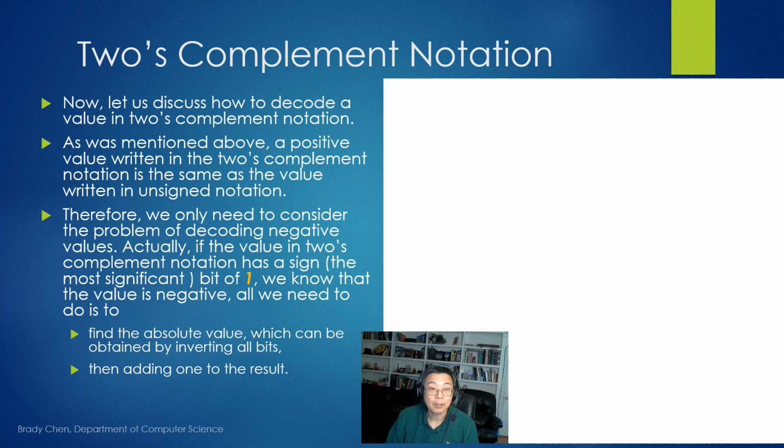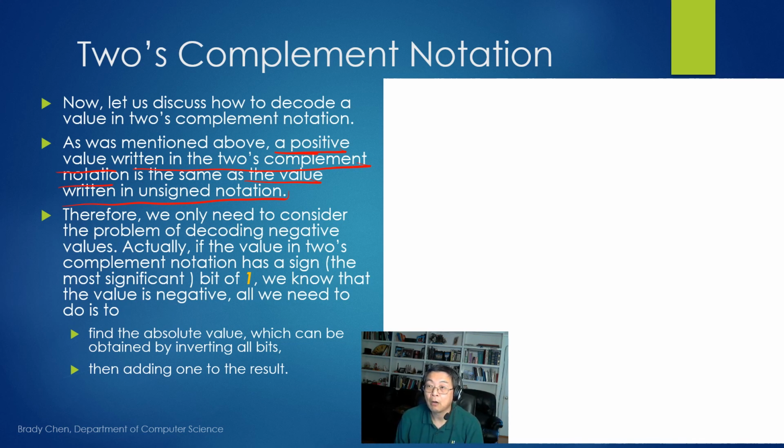So as we mentioned earlier, a positive value written in 2's complement notation is the same as the value written in the typical binary notation, like unsigned notation. So that means for the positive number, it's so easy. Okay, so we can directly do the conversion. So the only thing we need to worry about is the negative number.